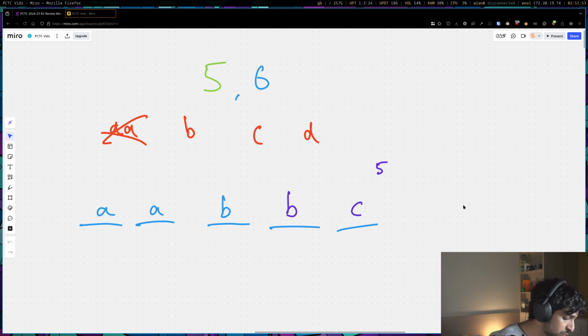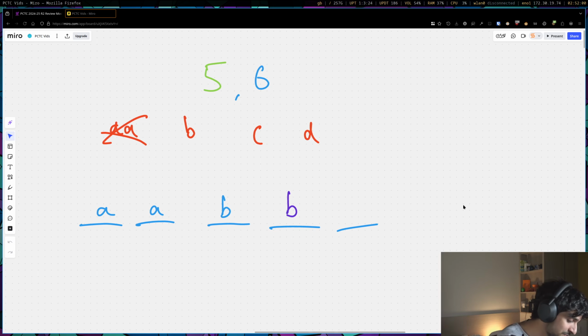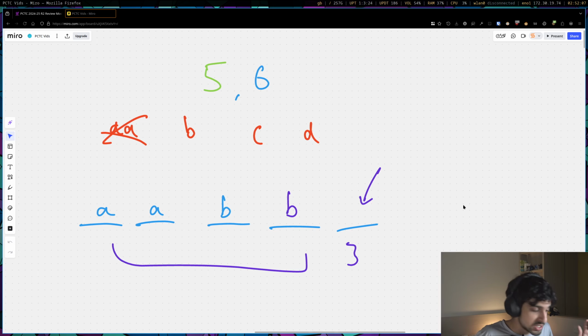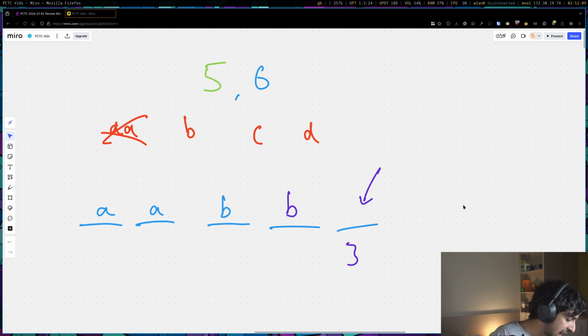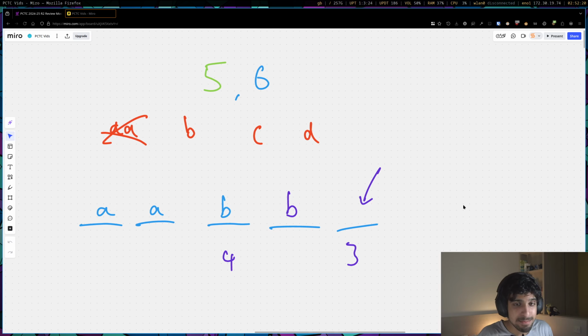Now, why do we know that's what we have to do algorithmically? Well, assuming we had another B here, how many letters can go there? There are 3 options, right? B, C, or D. So if we start with this, there are 3 options for what we can have. Going back to this, we were at option 4. So at minimum, if we have another B here, we are at option number 5.